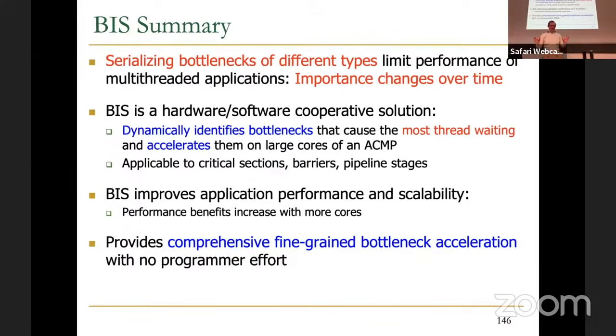That's ideally how it should be. But if the programmer tries to do a lot of tricks in the low-level code, then clearly this is not going to work. But if they're doing tricks in the low-level code, maybe they can add these tricks also to the low-level code. It's good to think about that. And this gives you a more finer-grained bottleneck acceleration with hopefully no programmer effort.